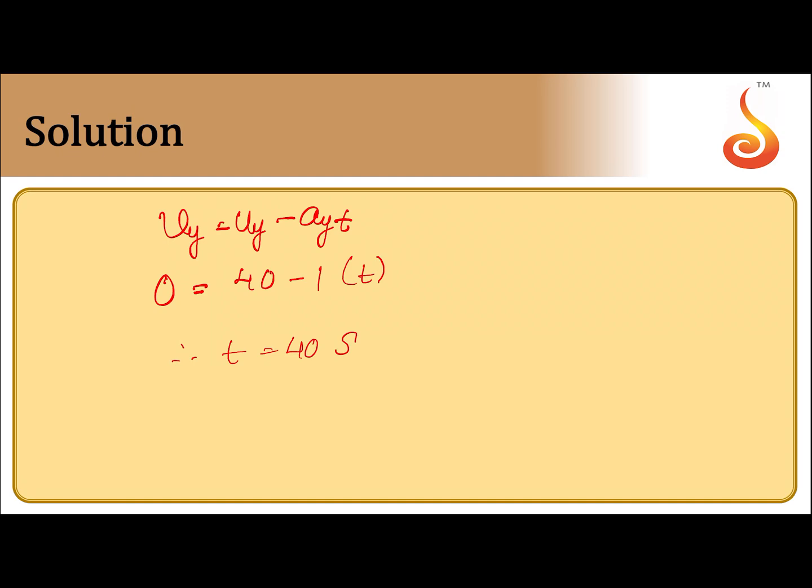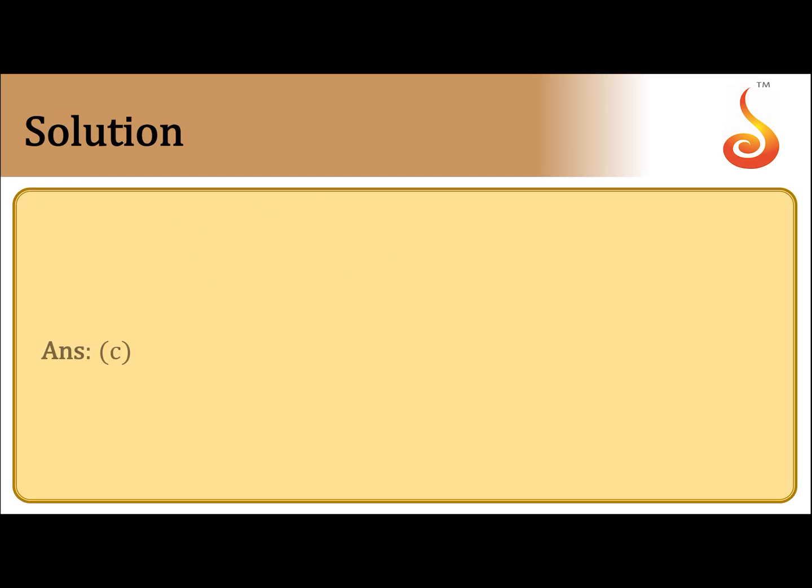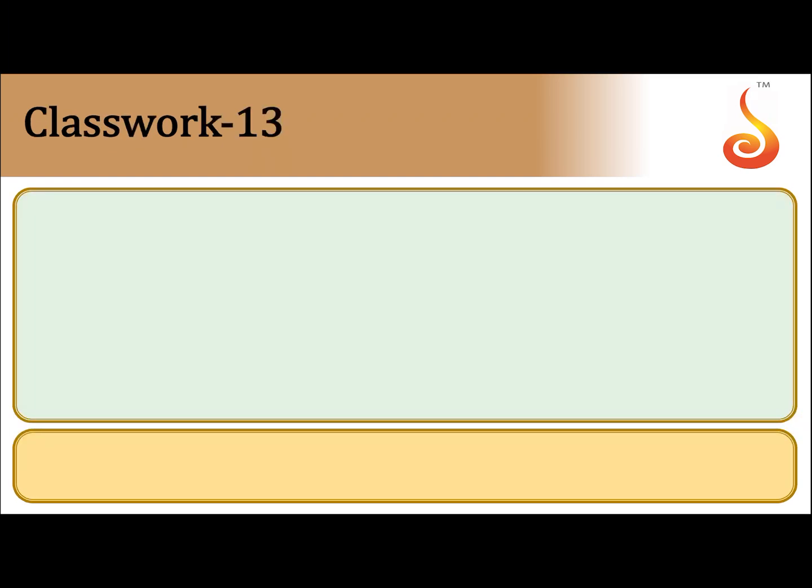So the time required for the particle to come to the state in which the y component of the velocity becomes 0 is t is equal to 40 seconds. And does it correspond to option C? Yes.